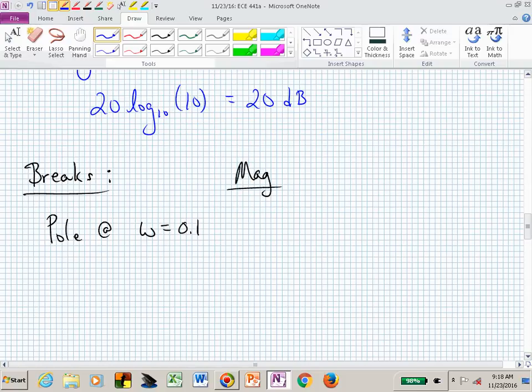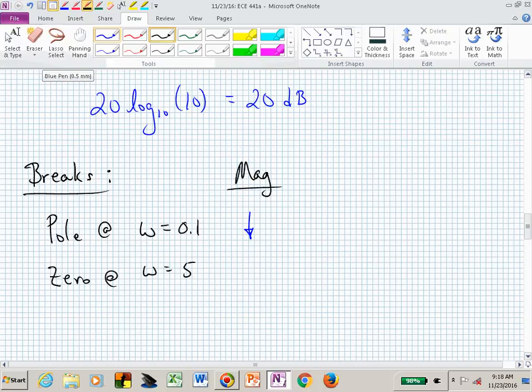Up or down? Down. So I'm just going to give myself an indicator. What happens next in terms of these factors that I have in my transfer function? The constant is always there, and it doesn't change my slope. But the next one occurred at 5, and that was a zero.